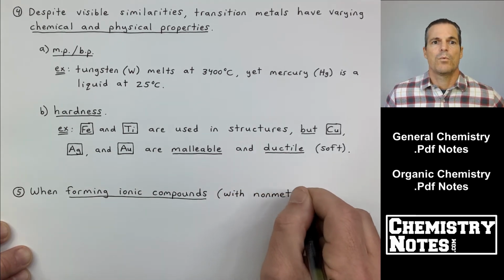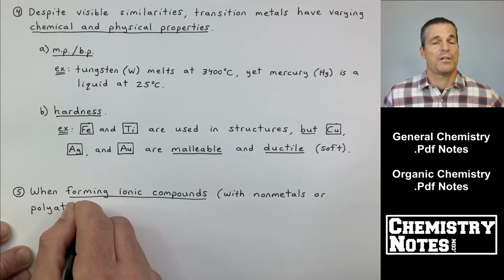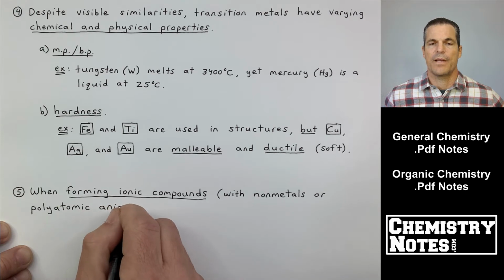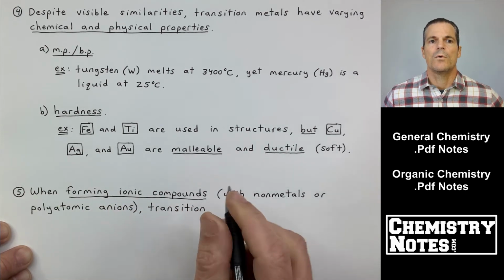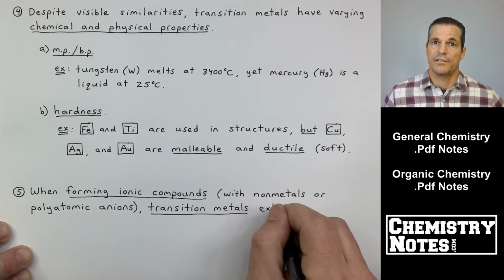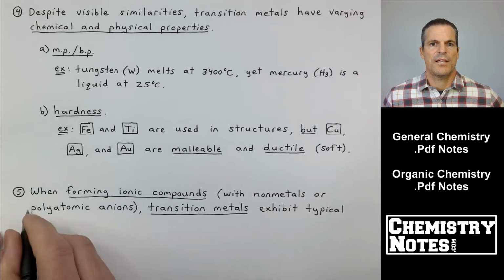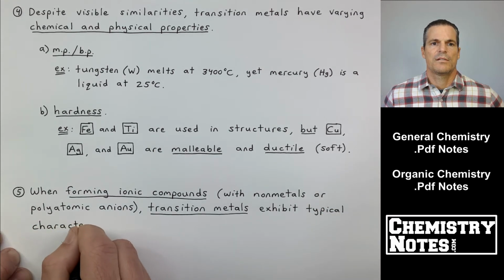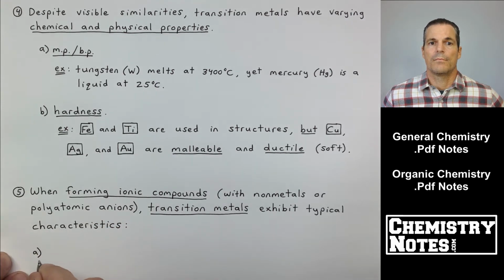Number 5, when forming ionic compounds, okay, we learned a lot about ionic compounds back in the first semester, right? When forming ionic compounds with nonmetals or polyatomic anions, transition metals exhibit typical characteristics. Now, by the way, transition metals often can have multiple charges.